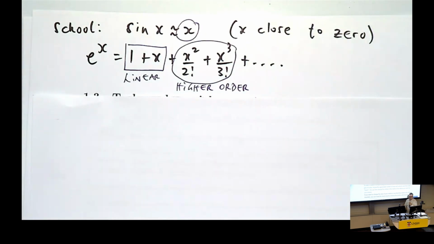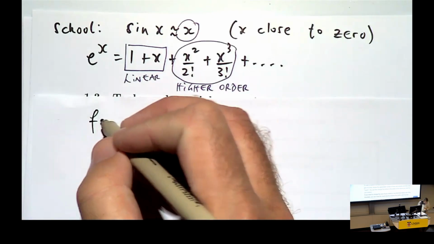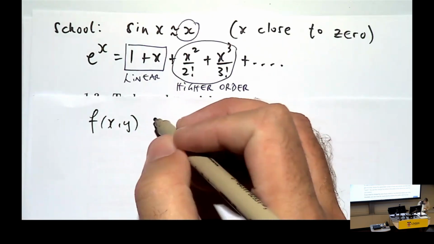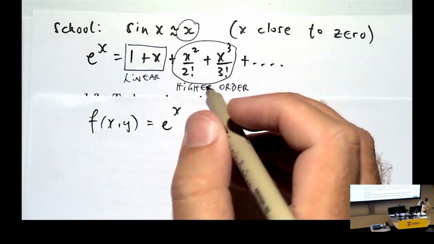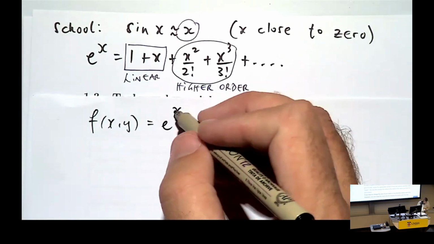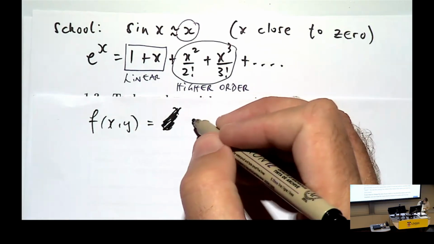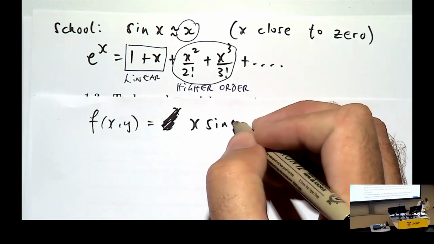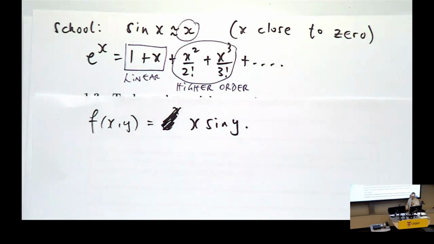Okay, so before I do that, let me do a real simple one. Okay, suppose I have this. No, I won't do that. Hang on, I'll change that a bit. Okay. Function of two variables. Let's go and see what it looks like.